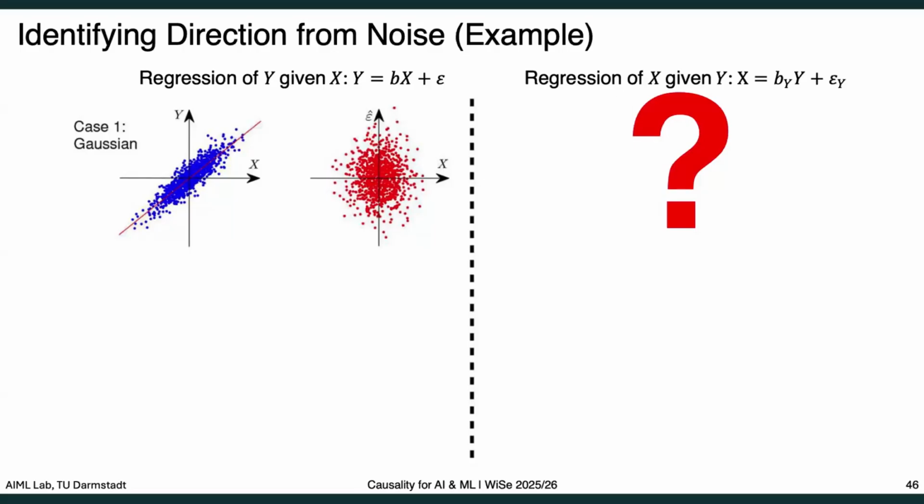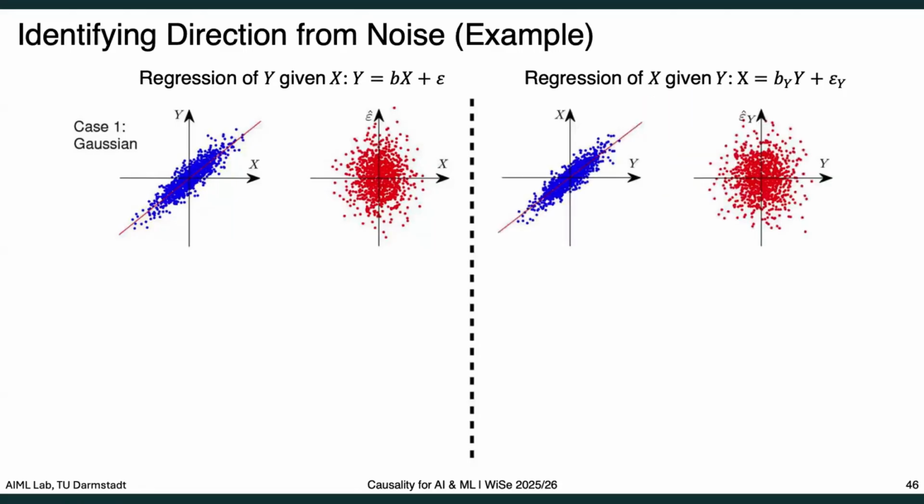Now in this Gaussian case, the blue part of the graph shows how the distribution looks, mapping y dependent on x, and then we can observe the noise on the right. Do you have any idea how that would vaguely look if we do it the other way around? If we switch x and y on the same data? Well, trick question, I suppose.